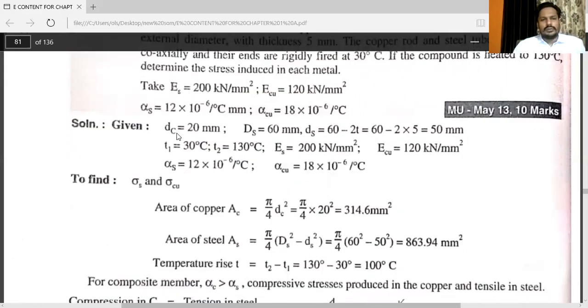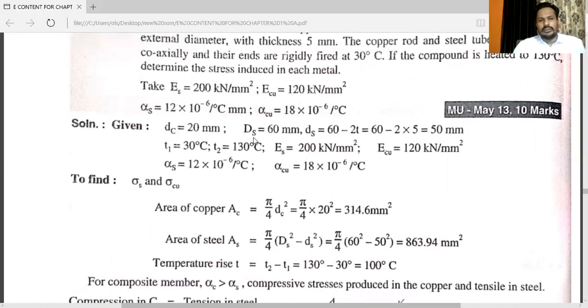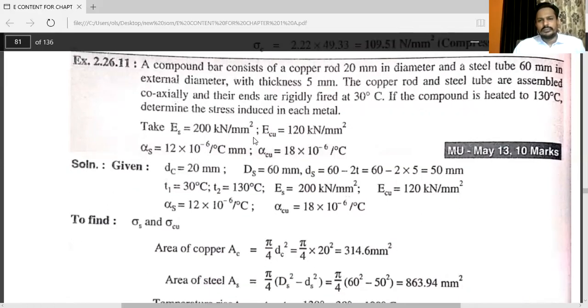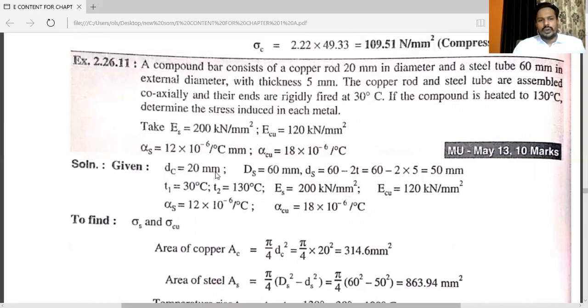Diameter of copper, small d, that is 20 mm, and for steel, that is 60 mm. We know that inner diameter of steel, because it is a steel tube, is 60 minus 2t, thickness is given, that is 5. So the answer is small d s is equal to 50 mm.